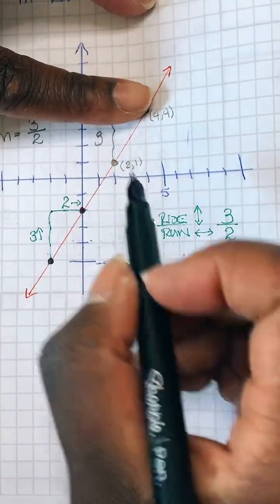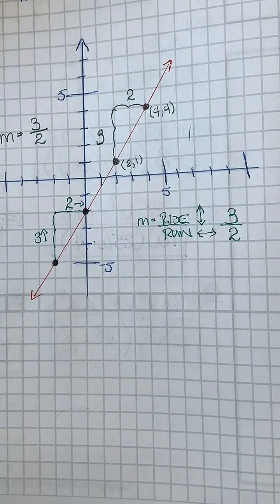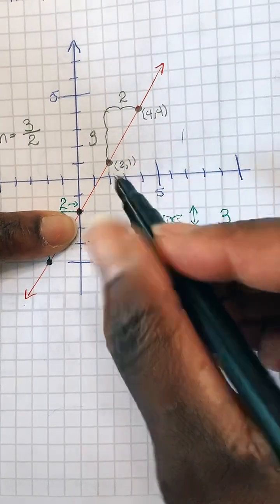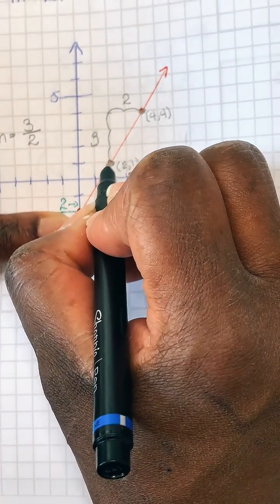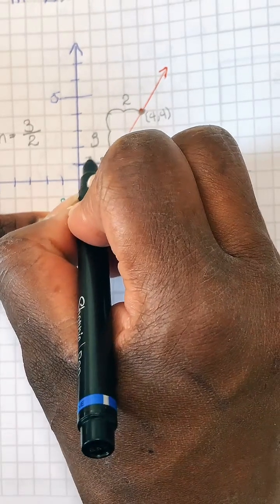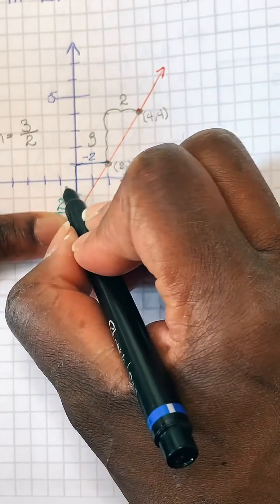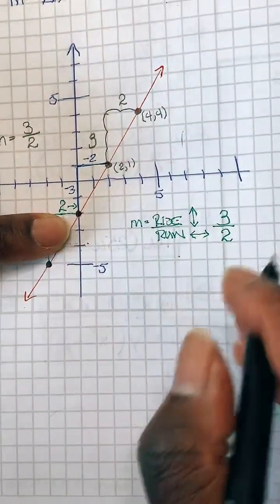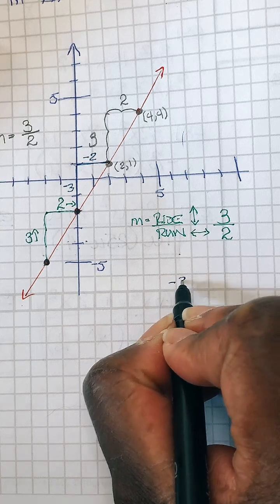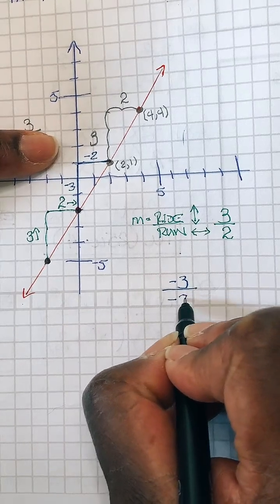Because if I wanted to, I could, for these 2 points, go to the left 2, so that would be negative 2, and then go down 3. Since I went down 3, that would be negative 3 over negative 2.